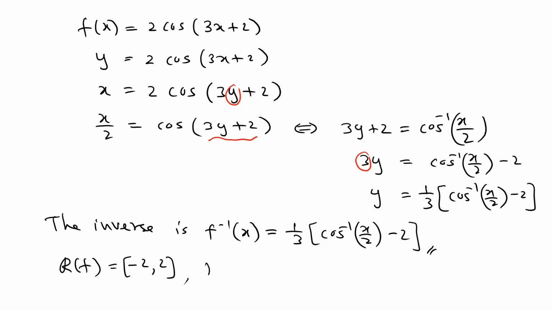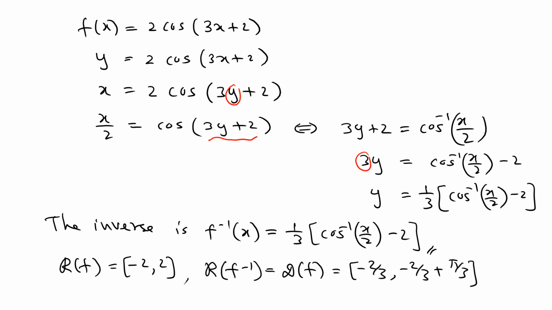The range of the f inverse function is the domain of the original function, which is negative 2/3 to negative 2/3 plus pi over 3, and the domain of the f inverse function is simply the range of the original function, negative 2 to 2. That's how you can find the range, domain, and the inverse function of that function.